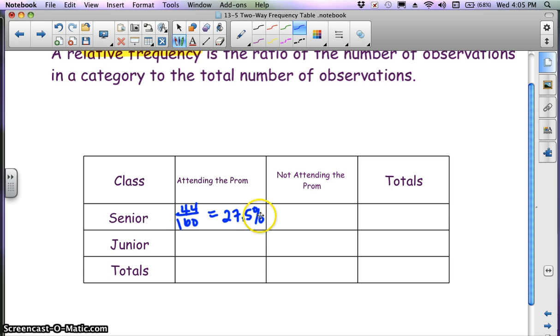And then the not attending would be 32 out of 160. And that would be 20%. And so the totals then, this total will be 76 out of 160, which is 47.5%. So I want you to go ahead and pause the video and fill out the rest of this table.